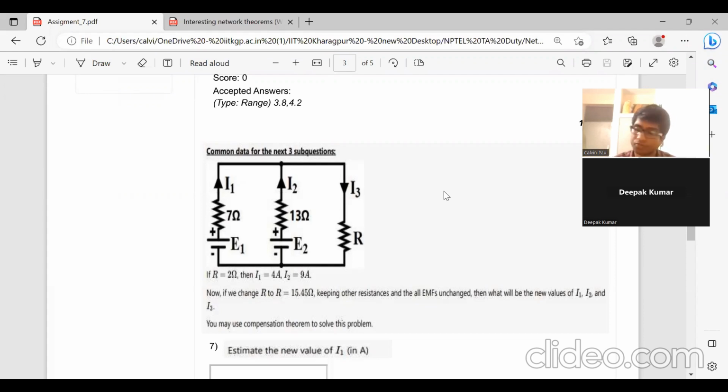So now we have to apply the compensation theorem. As we have told you, this is the simplified format.